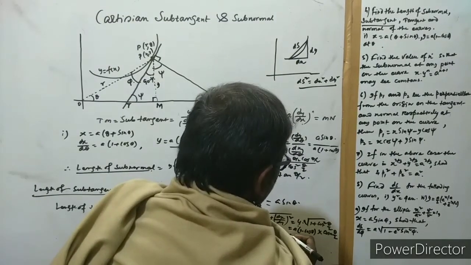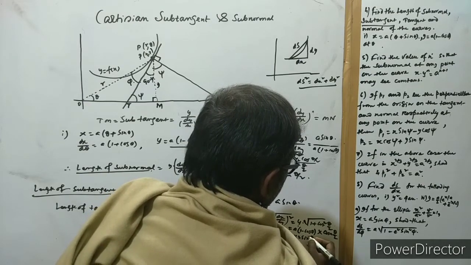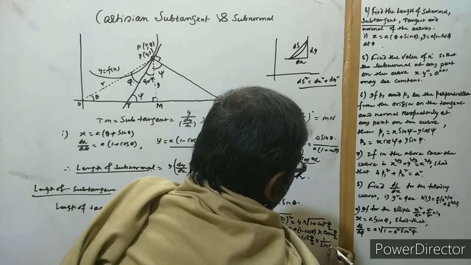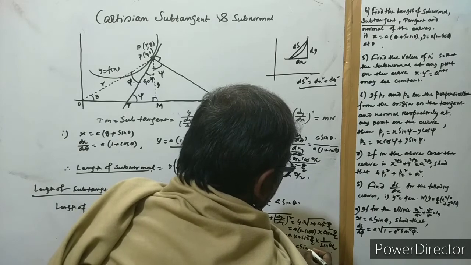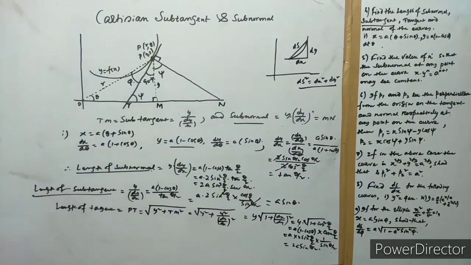Now a into 2 sine square theta by 2 into 1 by sine theta by 2 is twice a sine theta by 2. This is the length of tangent.